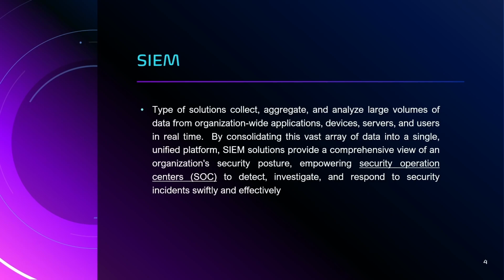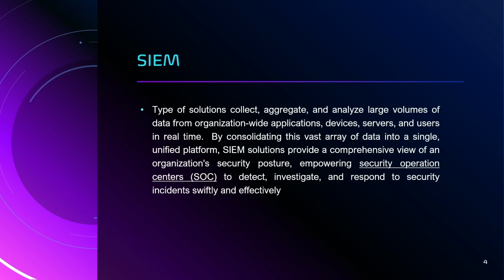Now, if HR reports unusual login attempts, and let's just say the finance department also reports a strange file access, and the IT department reports a disabled security control, the SIEM correlates these events and detects that these are not random attacks. They might be part of a coordinated attack. So the SIEM has the capability to detect this kind of coordinated attack.